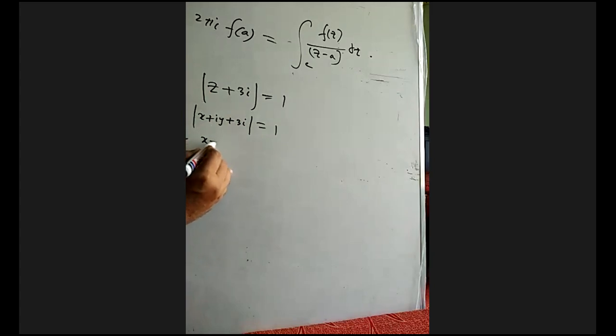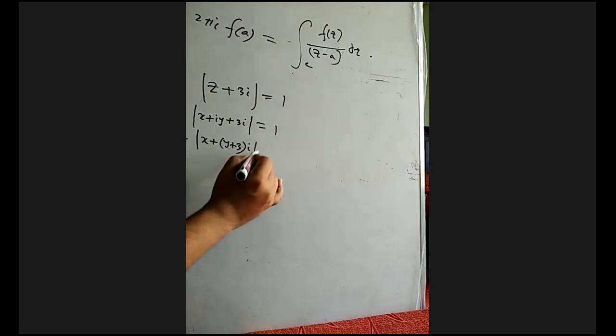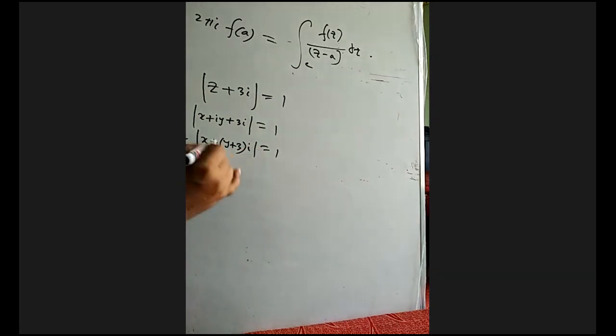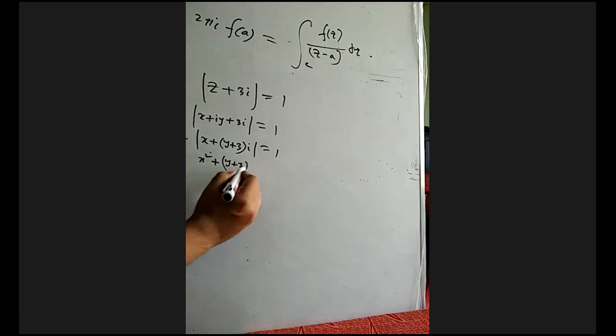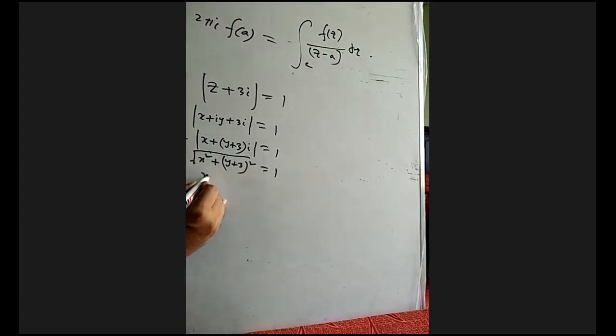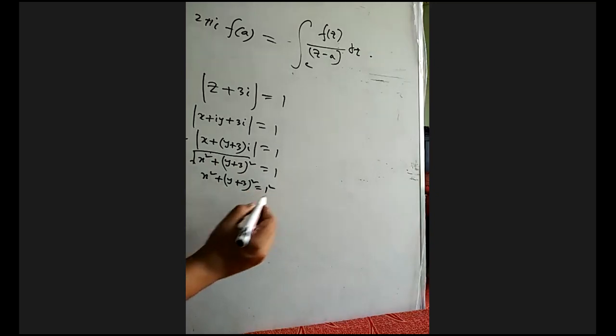So taking, |x plus i(y plus 3)| equals 1, we can take the modulus: the square root of the real part squared plus the imaginary part squared equals 1. So x squared plus (y plus 3) squared equals 1 squared.